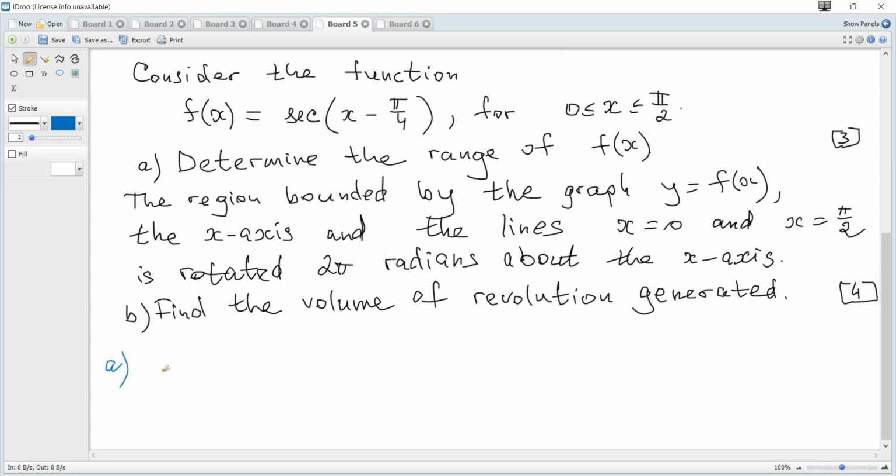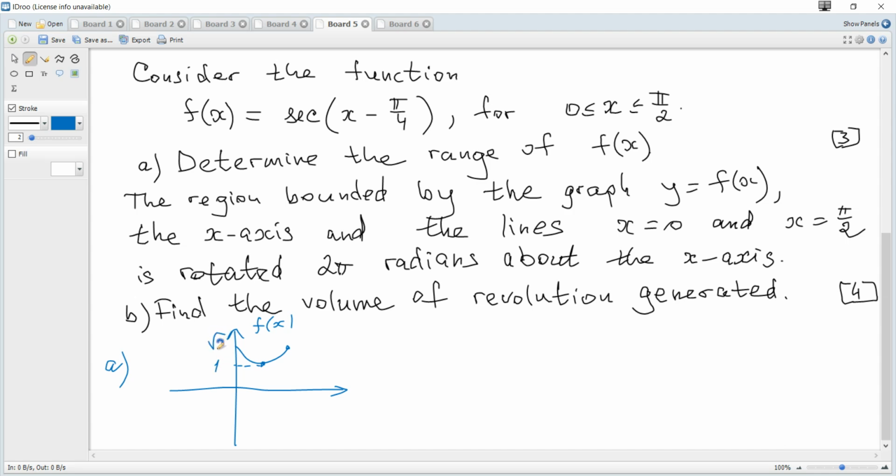So let's calculate f(0), or actually we can illustrate it using a graph. So finally, the graph of f(x) looks like this.